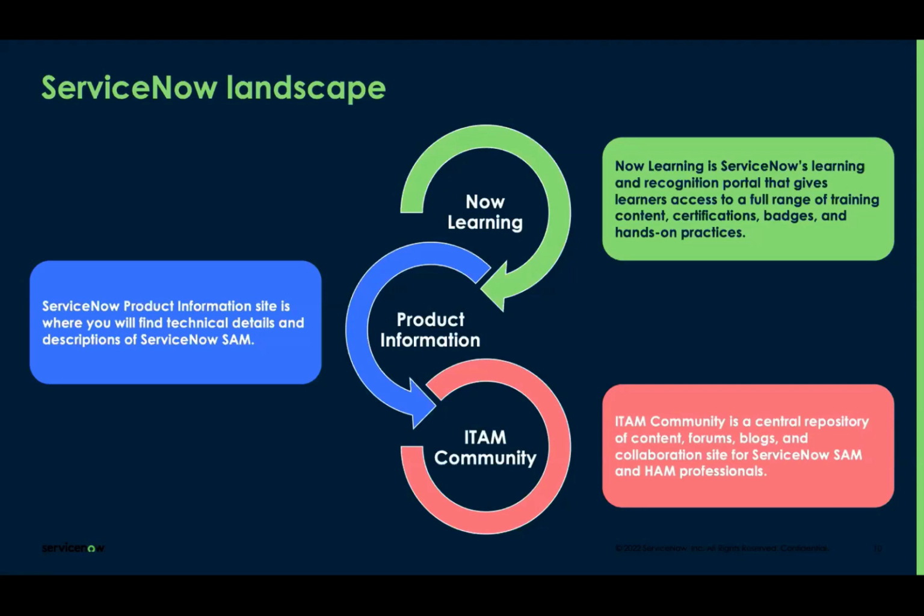And then with the product information, here we're talking about the doc site. Within there, we've got information about the capabilities, the features, how they're set up, a bit of the step-by-step of how to navigate to it, what's included within that feature, and what kind of details you can get out of it.